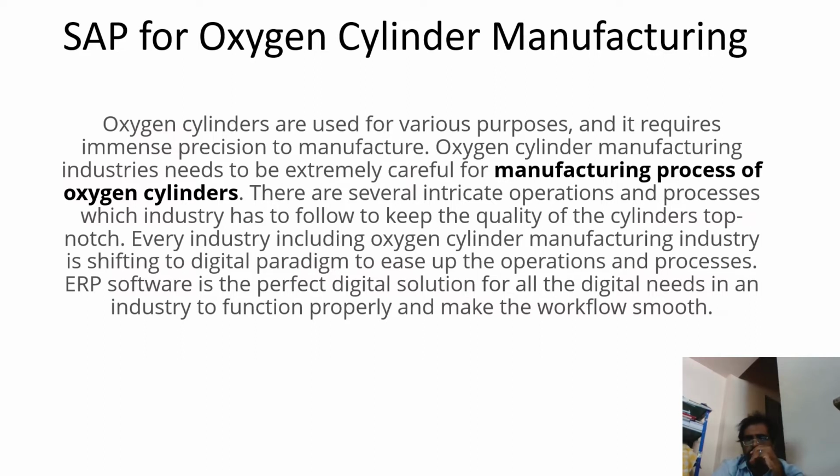There are several intricate operations and processes the industry has to follow to keep the quality of cylinders top notch. So every industry, including this one, is shifting to the digital paradigm to ease operations and processes. SAP software is a perfect digital solution for an industry to function properly and make workflow smooth.